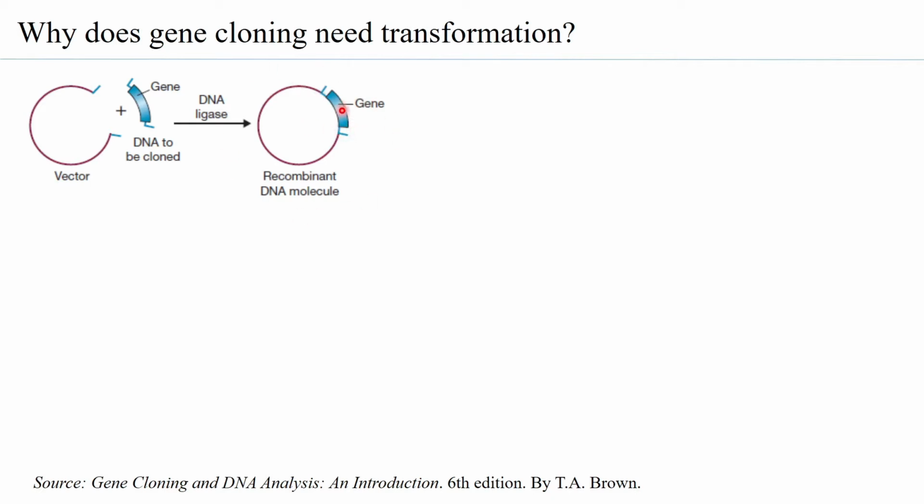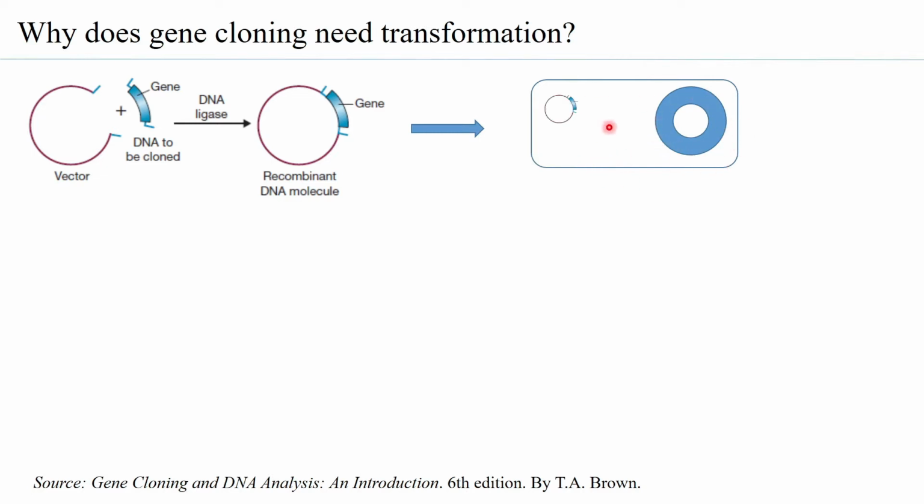Now, when you get the recombinant DNA molecule, it has to be transferred into a cell. Whether it is a bacterial or non-bacterial cell, both cell types will have a genome of their own. Other than that, this bacterial cell will take up the recombinant DNA molecule.